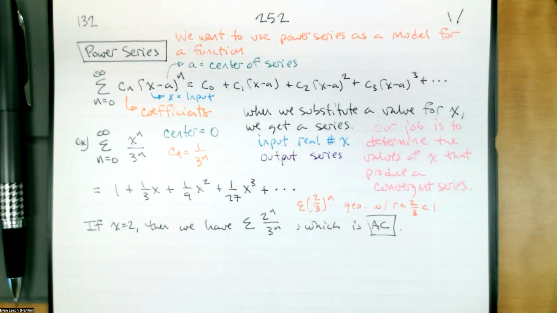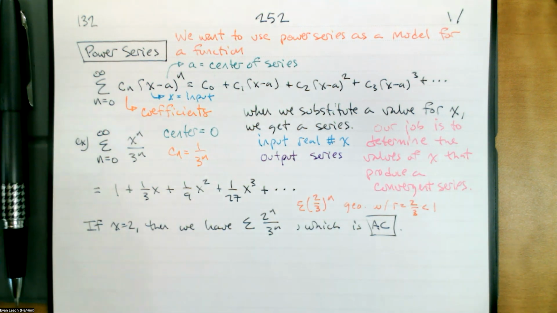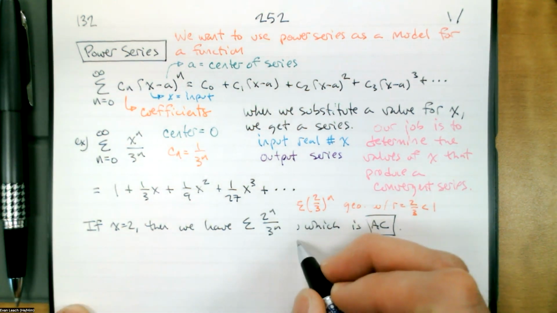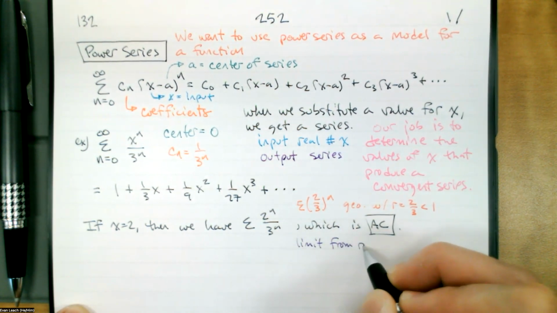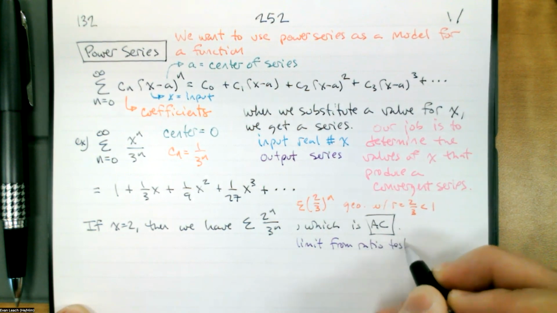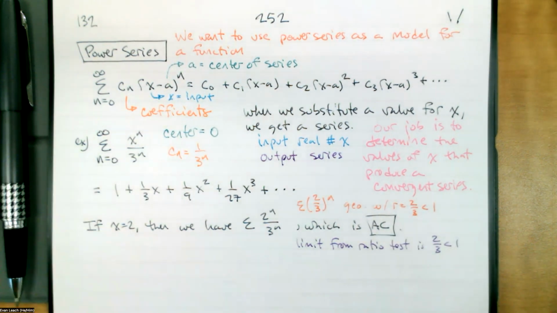Or for 2 to the n over 3 to the n, we can say that the limit from the ratio test is going to be less than 1. So we would say that the power series converges when x equals 2, or the power series converges at 2.